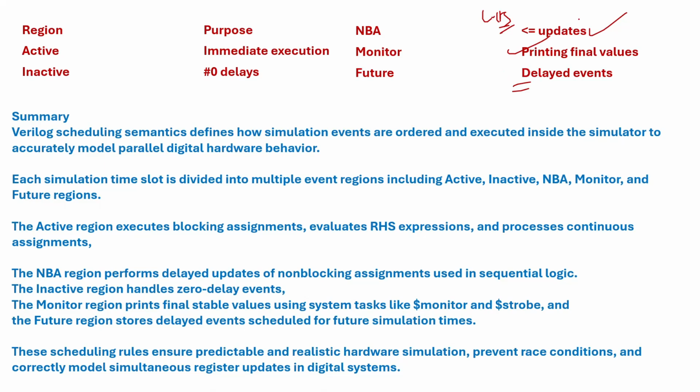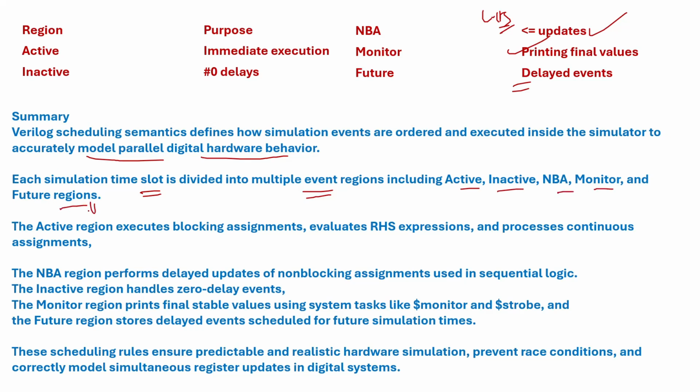The scheduling schematic defines how simulation events are ordered and executed inside the simulator accurately, and models digital hardware behavior. That is the reason we are using these scheduling schematics. Each simulation time slot is divided into multiple event regions: active, inactive, NBA, monitor and future regions.